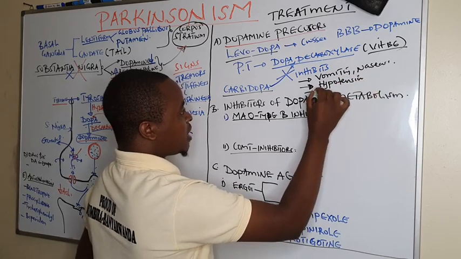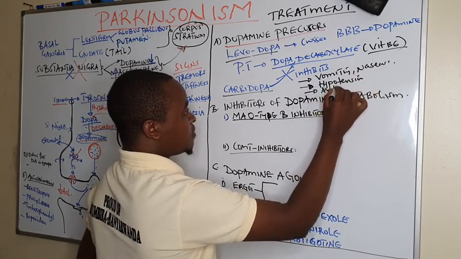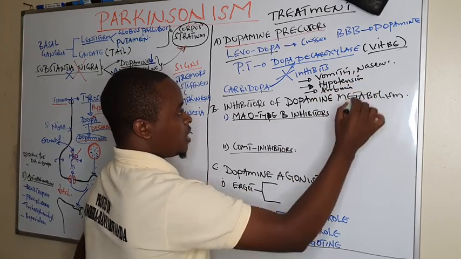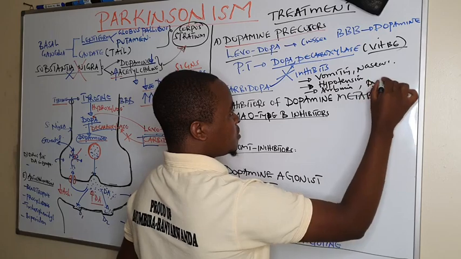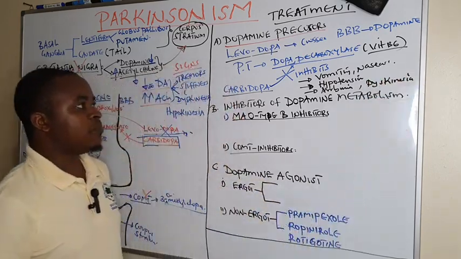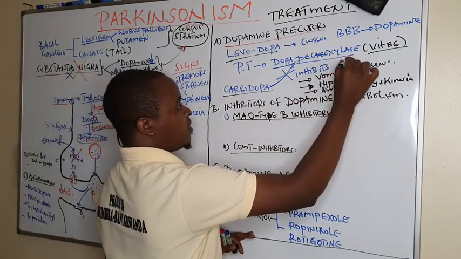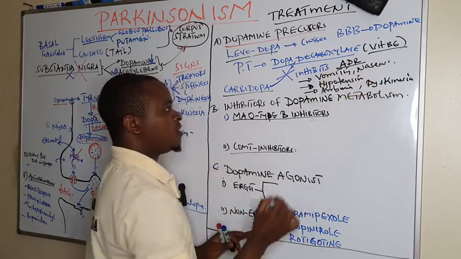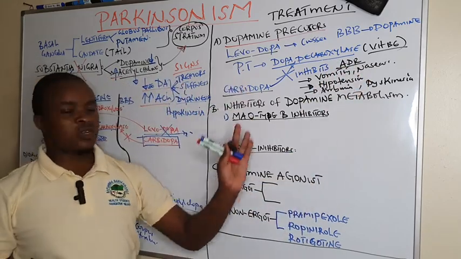It can result in cardiac arrhythmias, and it can also result in dyskinesia. So these are some of the adverse drug reactions when taking levodopa in combination with carbidopa.